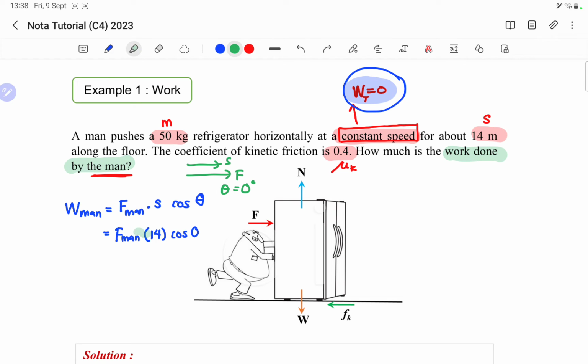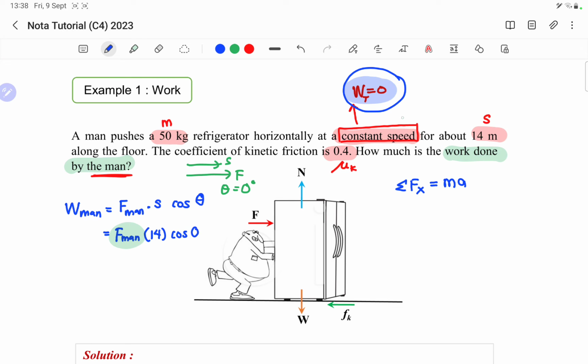So where can we get the value for the force applied by the man? We can get the information from the keyword constant speed. Here we can apply Newton's law. Along X, initially we might write sum of F equals ma, because there is motion going to the right.